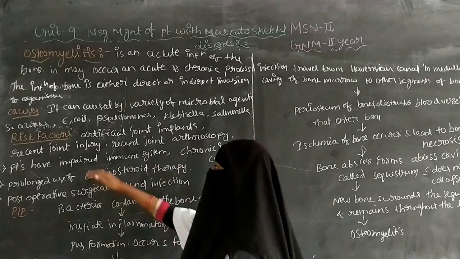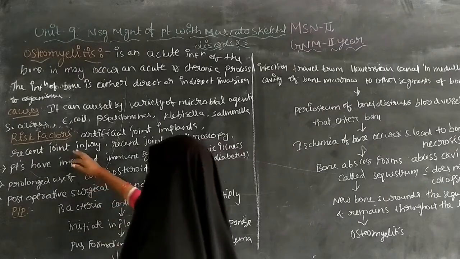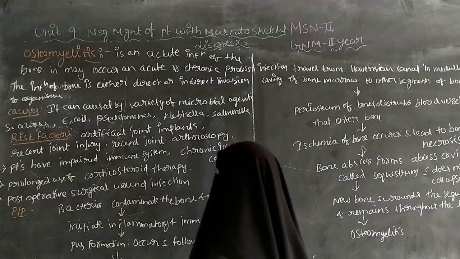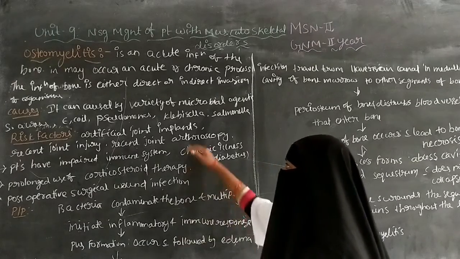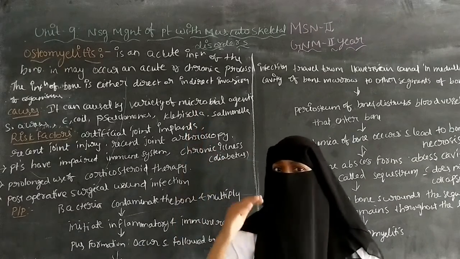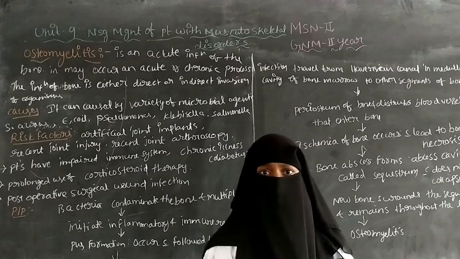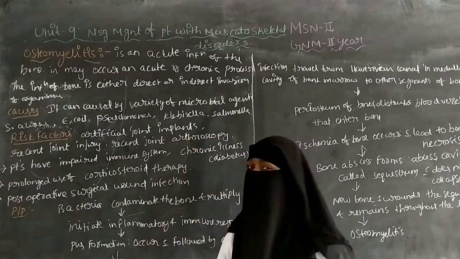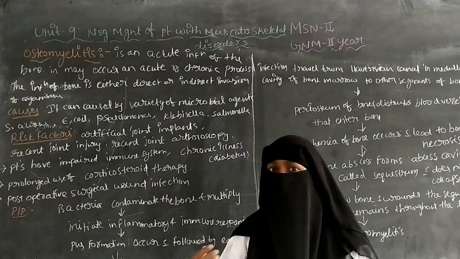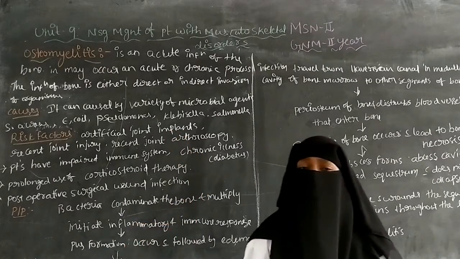Next are the risk factors. The risk factors include artificial joint implants. If the patient has a fracture, metal plates or rods can be used during the surgery of the fracture.